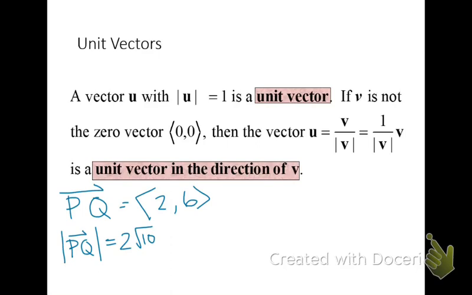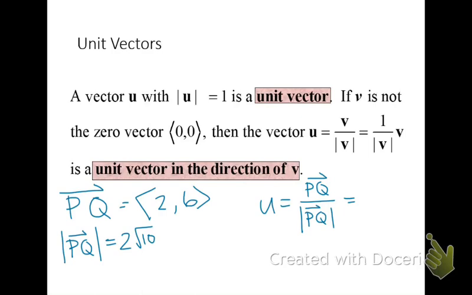So if I wanted to turn PQ into a unit vector, okay, we would rename it. We tend to use u to refer to a unit vector. So what we'll do is I will take the vector PQ and I'll divide it by its magnitude. So that's just putting it directly into the formula.